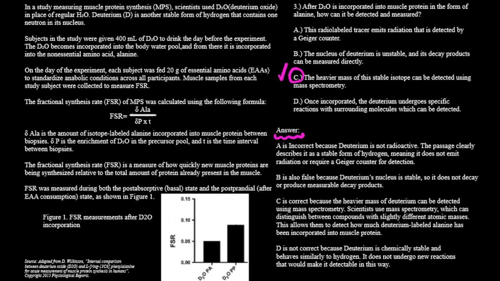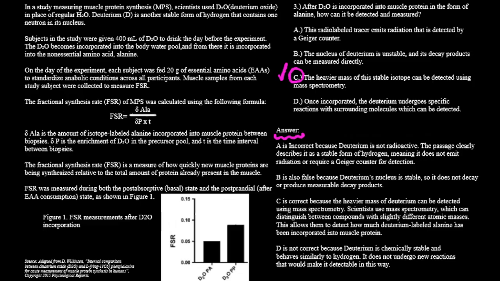Answer choice A states that this radiolabeled tracer emits radiation that is detected by a Geiger counter. This is not correct because the passage states that deuterium is a stable isotope. It does not have an unstable nucleus, so it will not undergo nuclear decay or emit radiation.